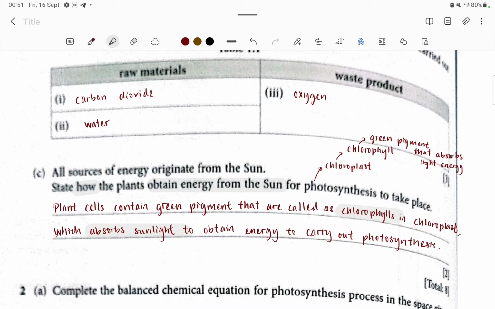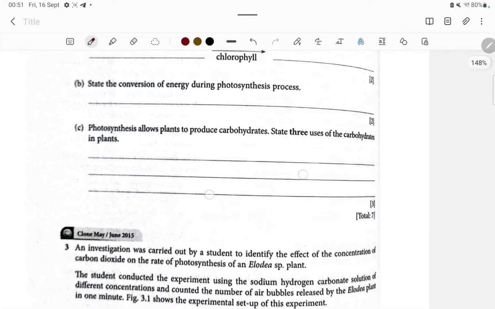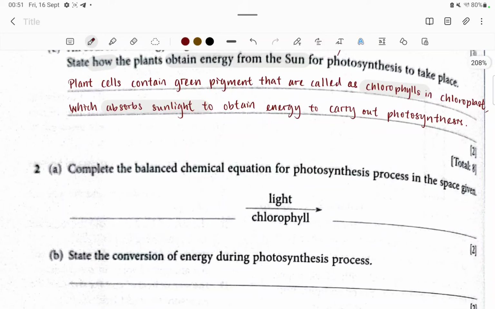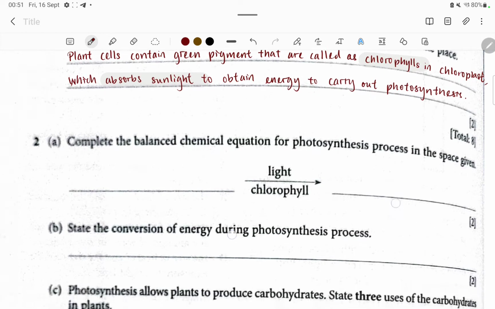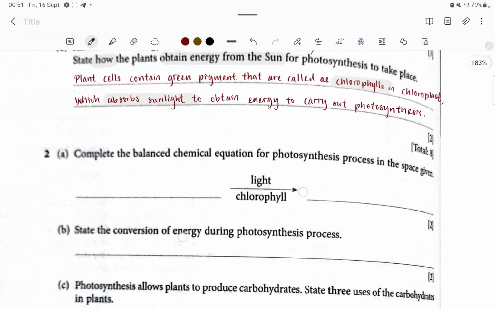Number 2, I want you to use, let me see how many marks are there first. 7. So same. But this one is quite easy. So this one you use 10 minutes.